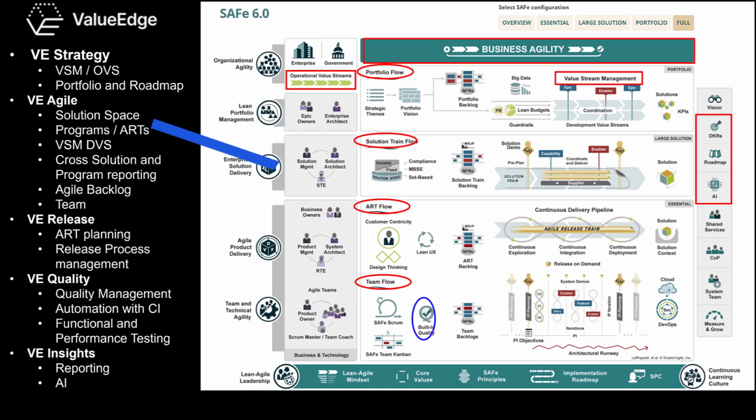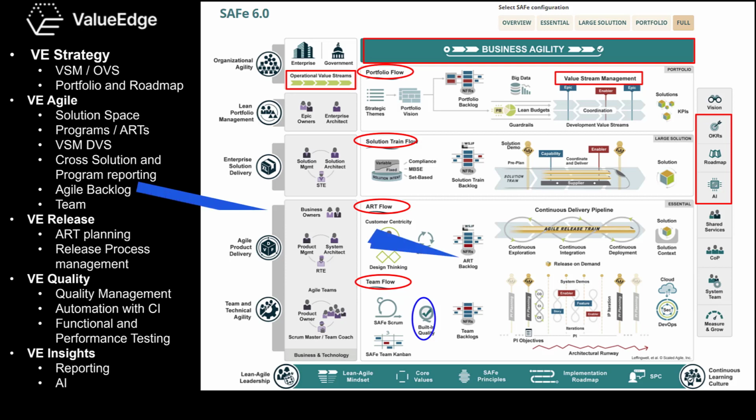We can break it down into the various programs working in parallel, but still have the flexibility to manage their own backlogs separately while sharing very important assets such as defects, tests, etc. Basically, managing the value stream, digital value streams, and providing cross-solution and program reporting, which is, as Victoria mentioned, a very important part here at the right side.